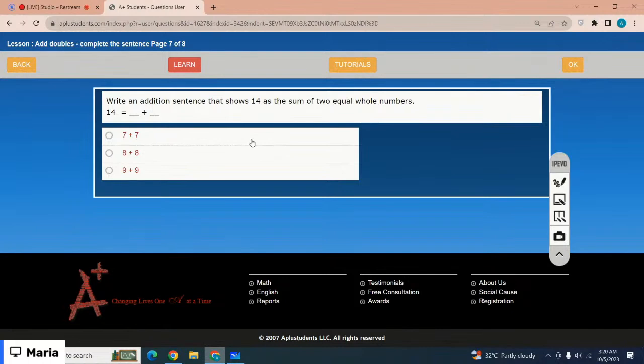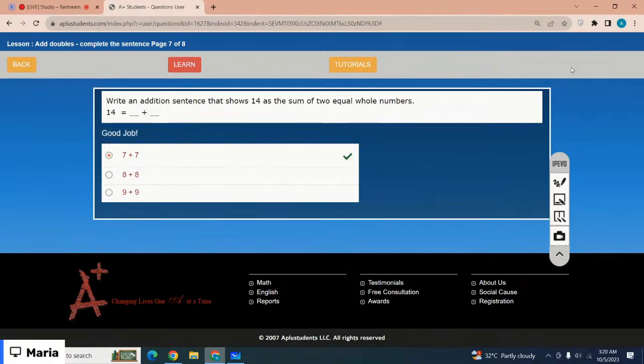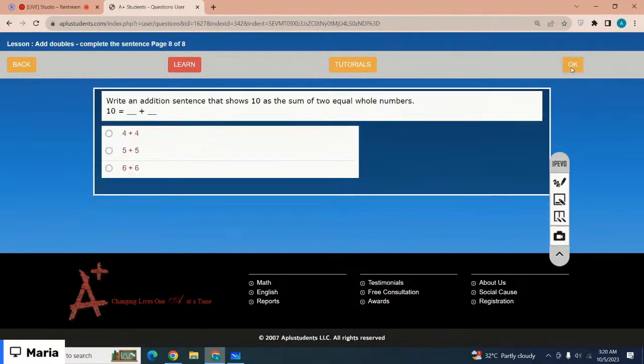The correct option is 7 plus 7. Write an addition sentence that shows 10 as the sum of two equal whole numbers. Which is the correct option? 10 equals, the correct option is 5 plus 5, right? 5 plus 5 makes 10.